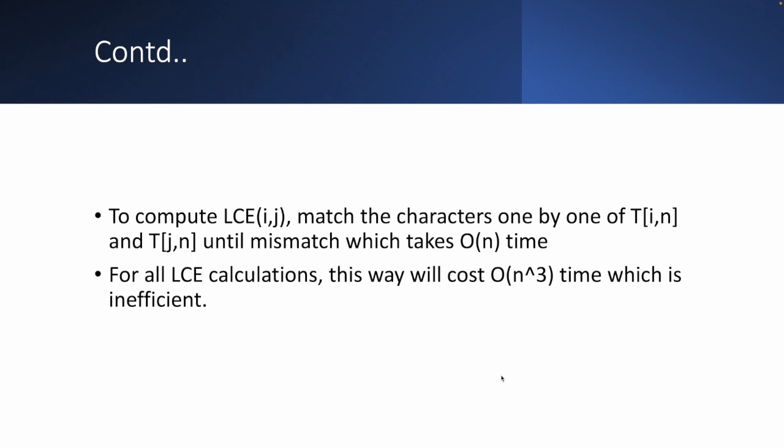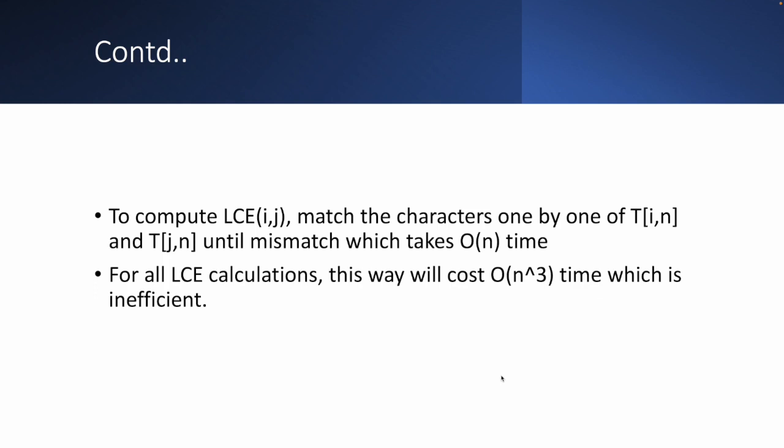So to compute the LCE, we just need to match the characters one by one of the i to n suffix and j to n suffix until we get a mismatch. So this will obviously take linear time, but once you consider that we need to do all the LCE calculations, this will take cubic time.